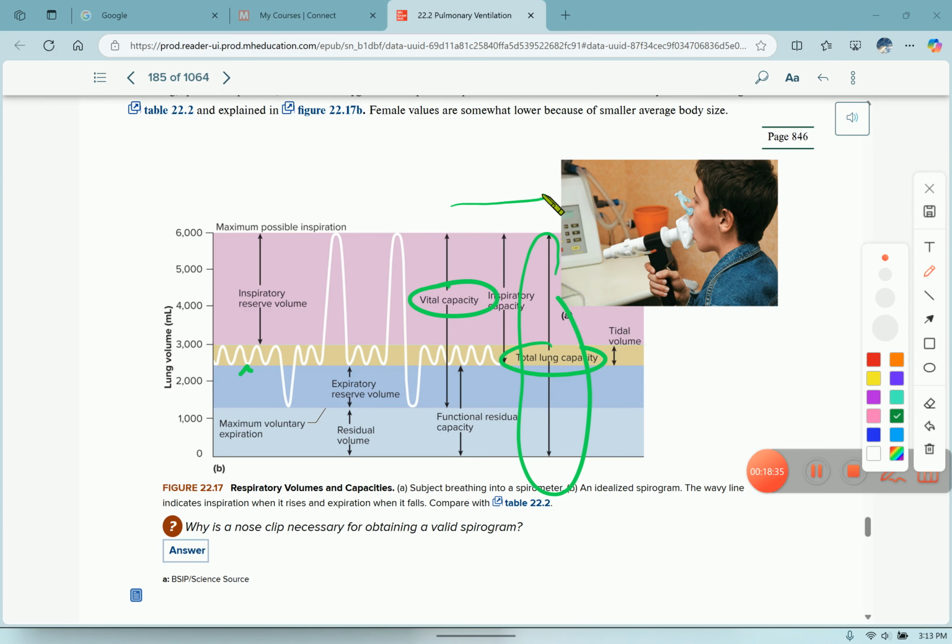Now, the way that we measure this is with a spirometer. A person can breathe into a machine and the computer is going to pick up where you're at. So just normal breathing, we'll say this person is at 500 mils, and then the provider says, I want you to take a max inhale. See what happens. Maybe for you, that max inhale is only going to take you to around 5,000.